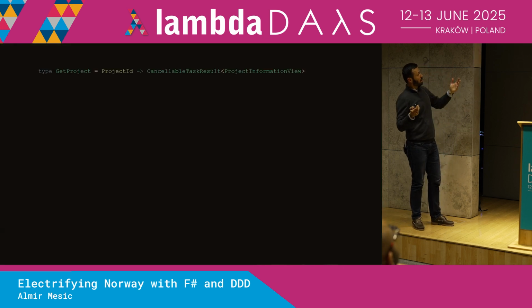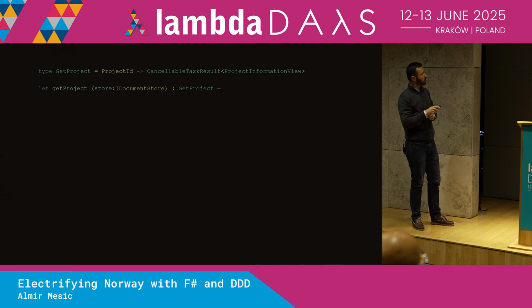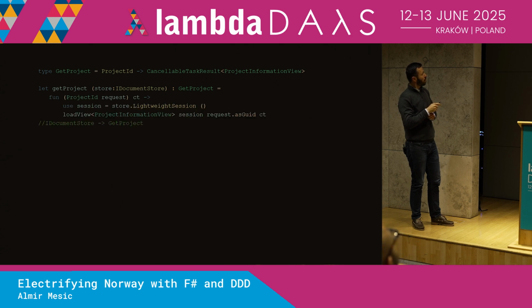So the way it looks in our case is we first define a function alias where you pass in the project ID, and then you get back a cancelable task result of the view. So we implement the dependency, or the function. This function has another dependency, right? It's the IDocumentStore.